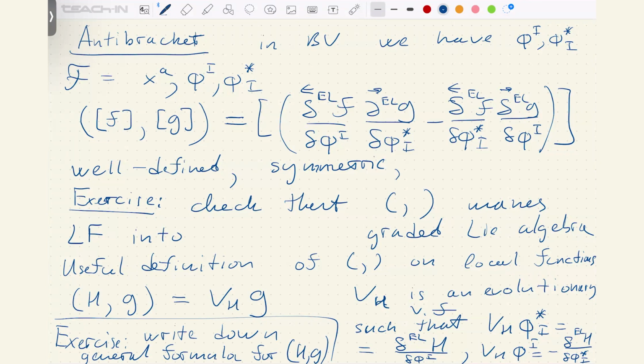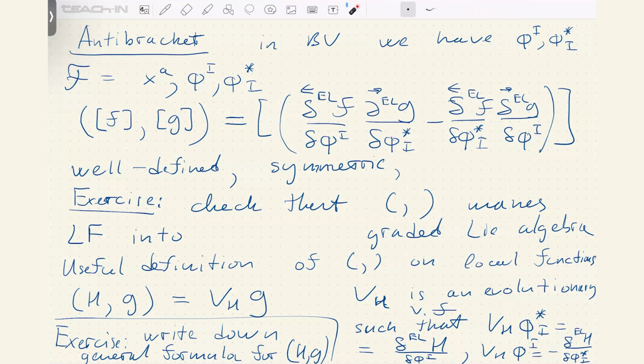So what do we have with such a bracket? Such a bracket, by definition, is defined on local functions, not equivalence classes. It satisfies the Leibniz rule for the second argument, but not for the first argument, because the Euler-Lagrange derivative clearly is a high order differential operator, so there is no chance for a Leibniz rule.